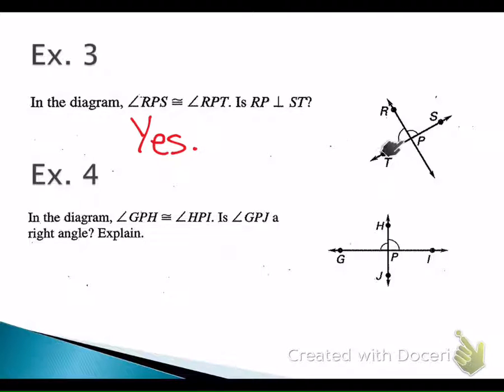Now, the reason that I always remember this is, what's the angle measure of a straight line? 180. So if these are congruent, they're the same, and they add to 180, what's the only way that would work? They're the same and they add to 180. So we already know that this is a straight line, right?